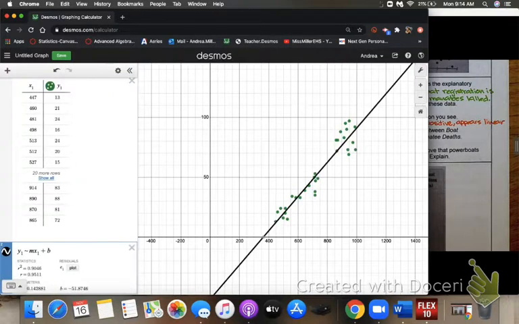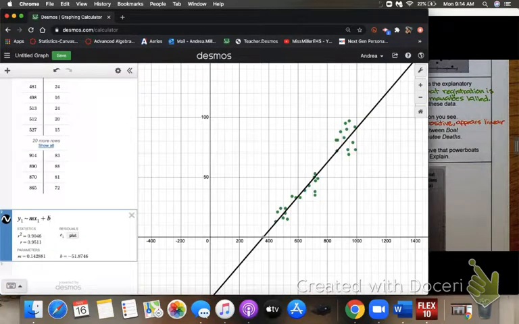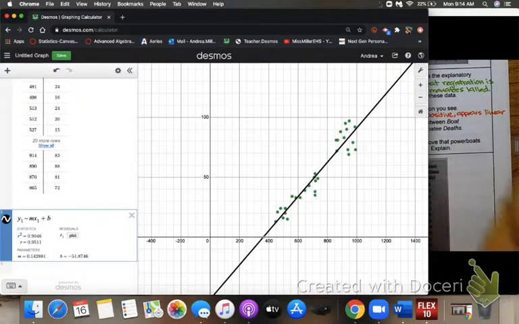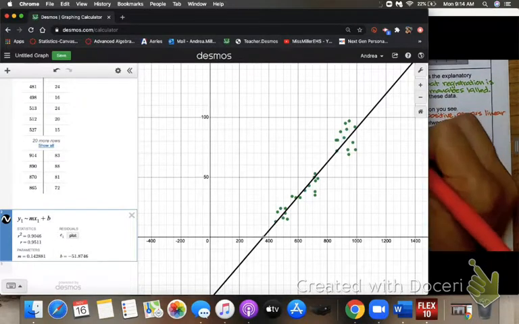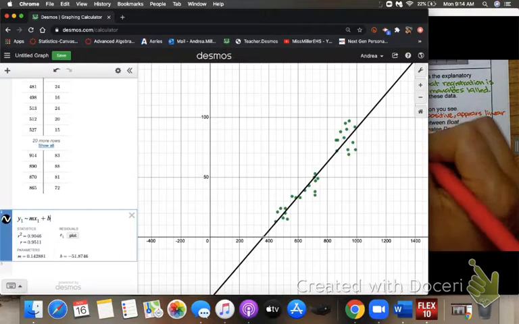Then it goes ahead and gives me a line of best fit. Now I can take a look at some of these numbers here, and it's giving me my correlation coefficient, which is this R value, which is 0.9511. So my R value is 0.9511.